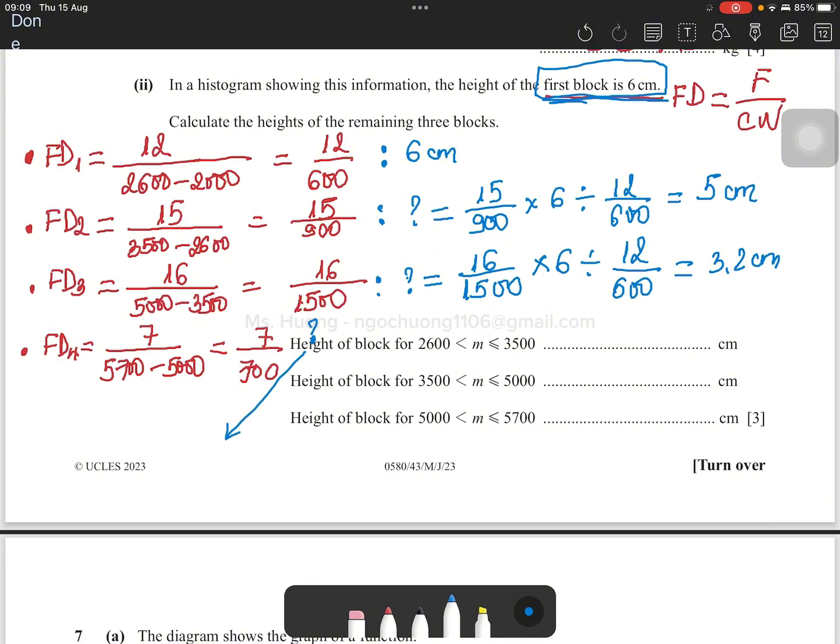And finally, for this, we multiply 7 over 700 by 6. Then we divide it by 12 over 600. So the answer is 3 centimeters. So we say that the first is 5, the second block is 5, the third block is 3.2, and the fourth block is 3 centimeters high.